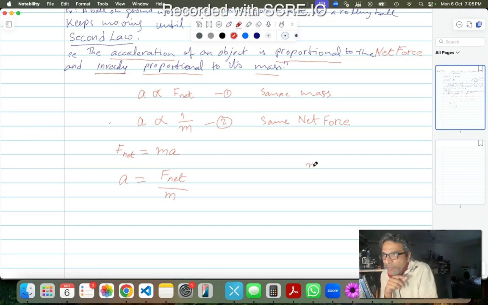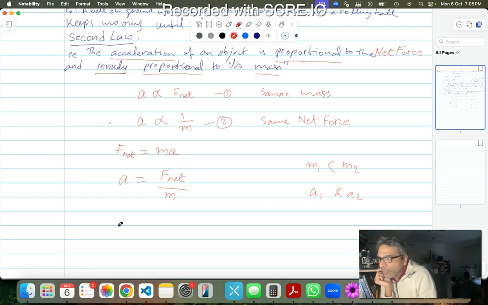So for example, I have two masses. One is m1, which is lighter than m2. What happens to the acceleration relation of a1 and a2? That's the question. So with the same F net, right?